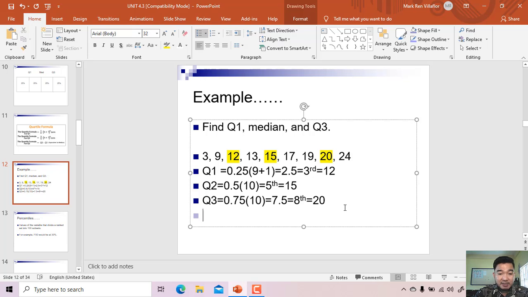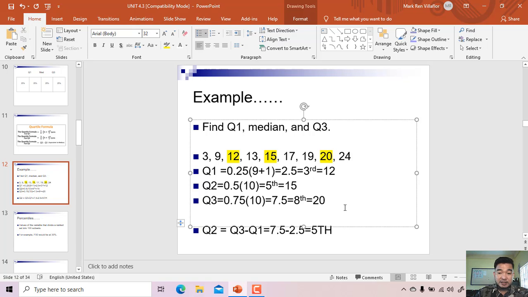Pero kanina, di ba sinabi natin na to solve for Q2 or second quartile, that is equal to Q3 or third quartile minus the first quartile. So let us try if it's true. What is our third quartile? Our third quartile is 7.5 minus our first quartile is 2.5. 7.5 minus 2.5 is 5.